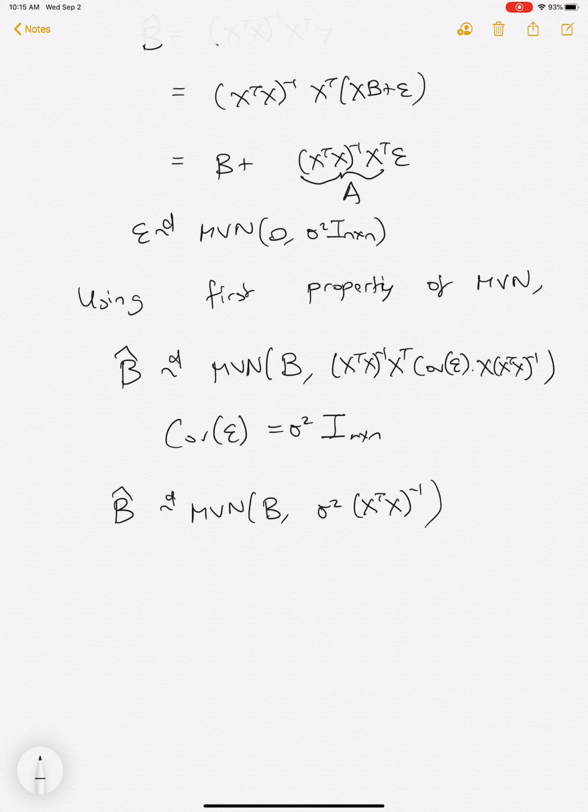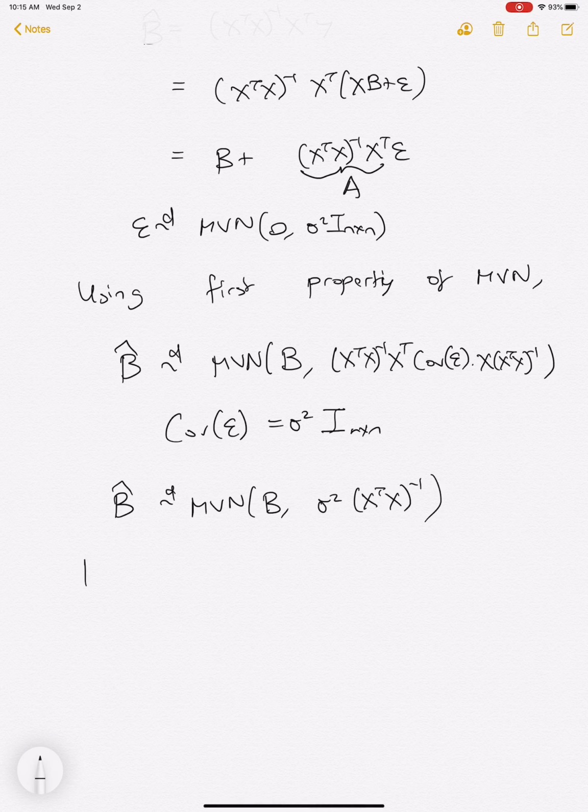But now we know more, because the multivariate normal is closed under these linear operations. You can say exactly what the distribution of b hat is. And furthermore, if you're interested in prediction, you can say that X b hat is also normal.